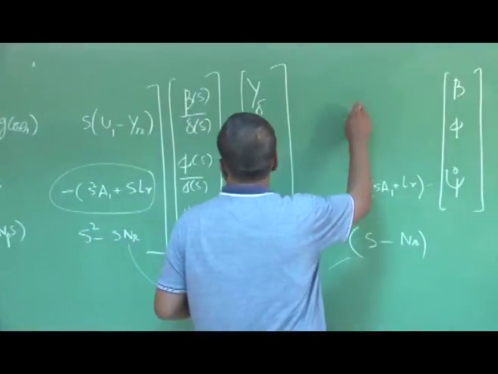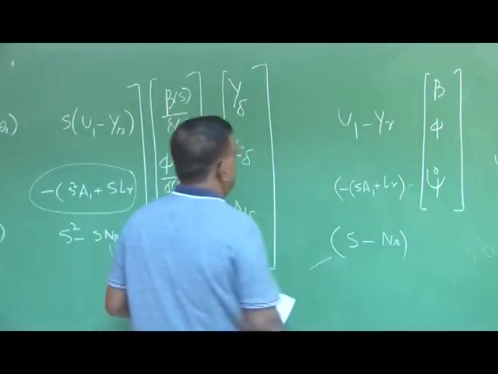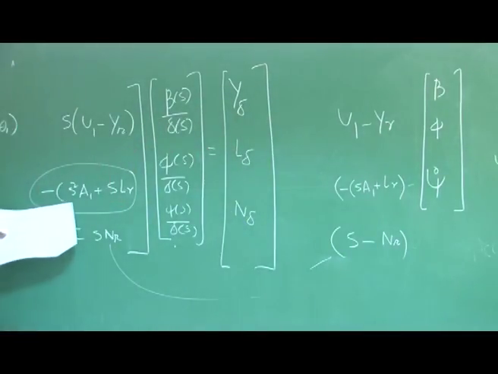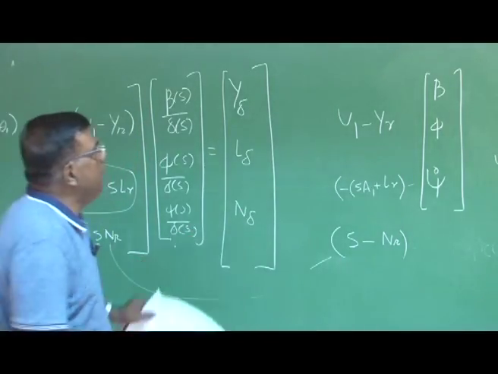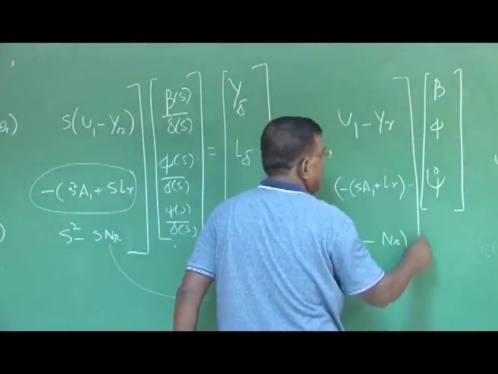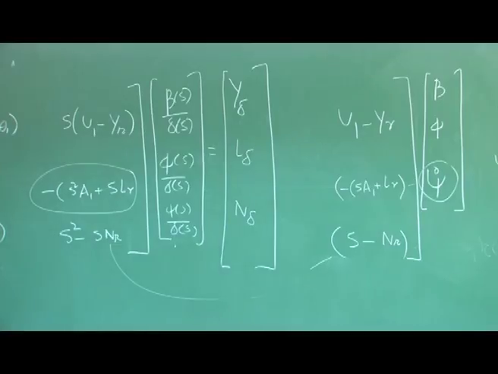So it will become U1 minus YR. Similarly, here one S will go, and here one S will go. So the whole matrix, if I am writing using psi dot, then one S will be less in this column. Okay? This concept we will use later.